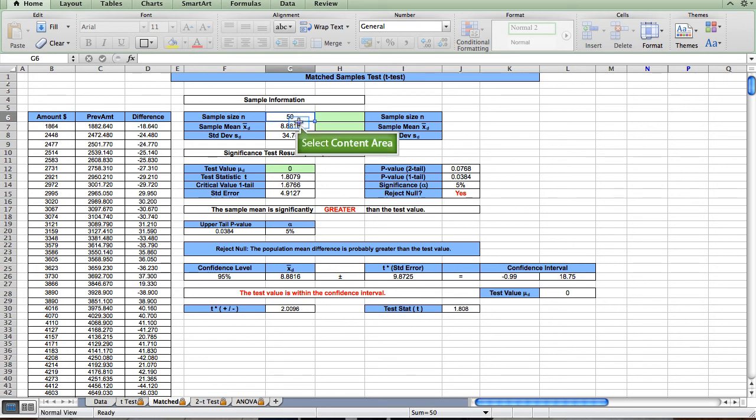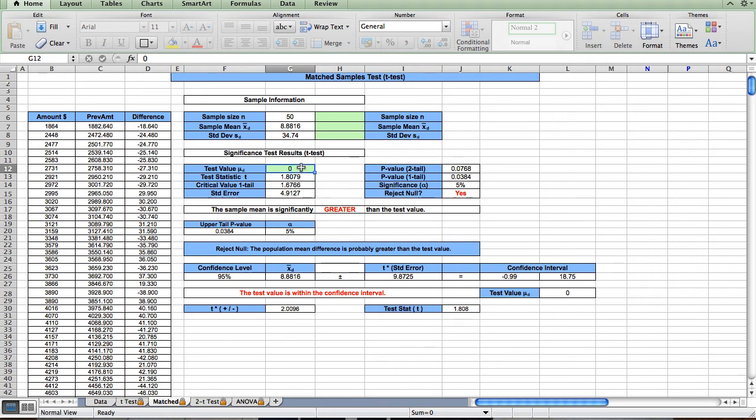The average difference, that is the average change in the amount charged, is $8.88. The standard deviation, $34.74. Typically for matched samples t-testing, we'll use a test value of 0, which is my null hypothesis. In other words, I'm assuming no change from year to year in the amount charged on average.